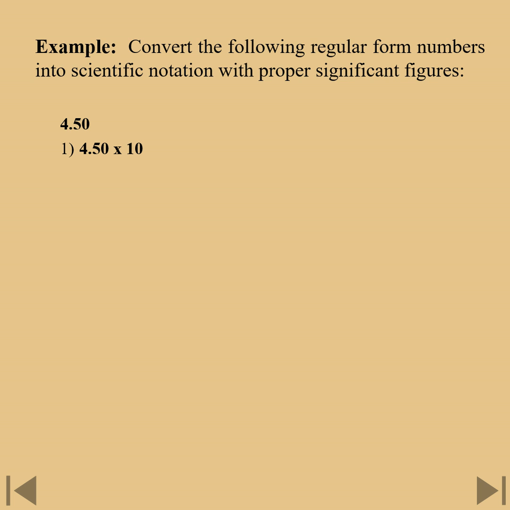Then we determine the sign of the exponent. Well, the number is bigger than 1, so our exponent is going to be positive. And we didn't move the decimal at all. So 4.50 times 10 to the 0. 4.50 by itself is not scientific notation, but 4.50 times 10 to the 0 is, and remember, anything to the 0 power is 1.